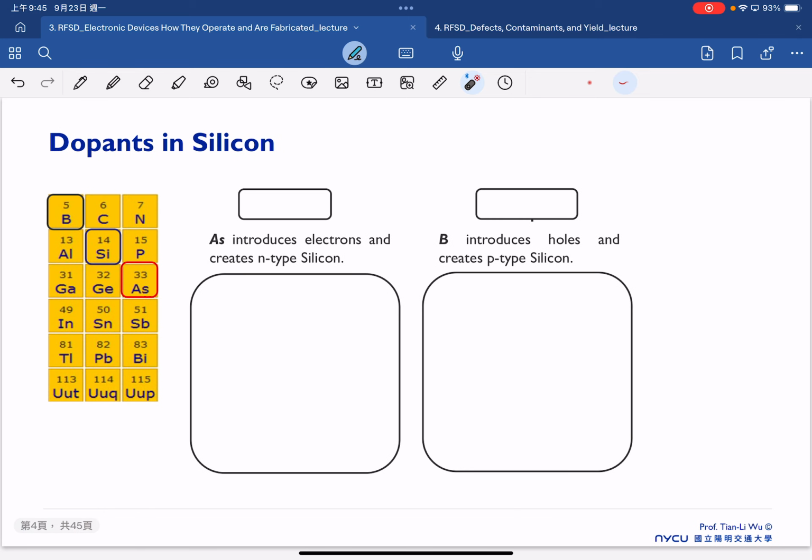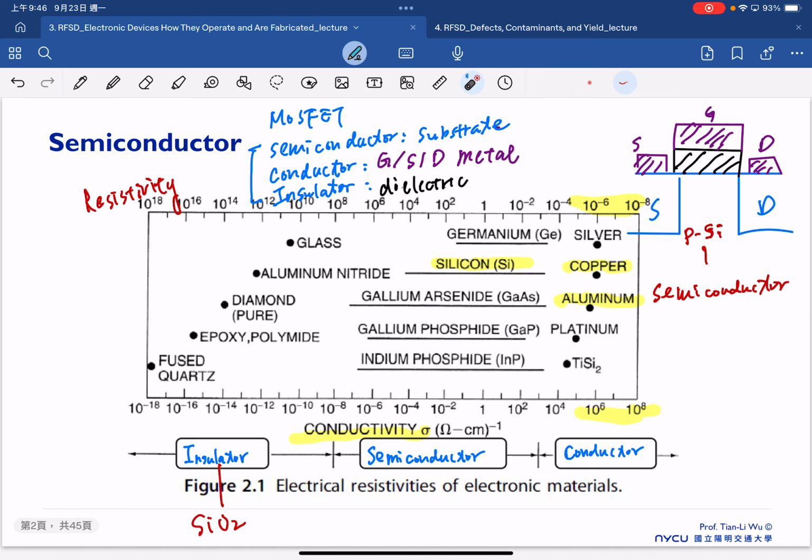So one of the very special properties of semiconductor material is that although it's called a semiconductor, actually the semiconductor has a huge range of resistivity. You can see the category here, that the semiconductor shows a very wide range of resistivity.